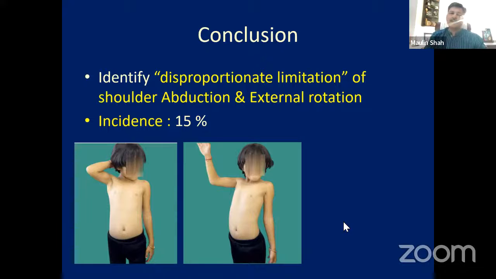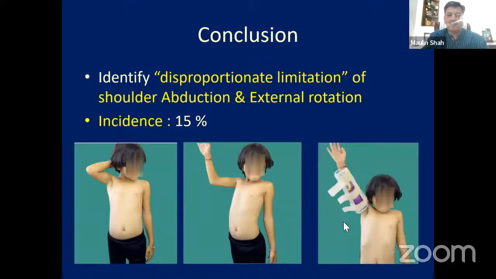What I mean is if a child comes with good degrees of active external rotation or they can reach the occiput easily, but their elevation is limited and their elbows are flexed like this, we must subject them to the elbow block test.